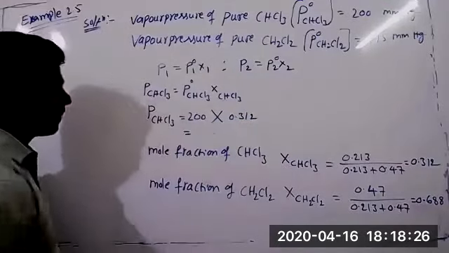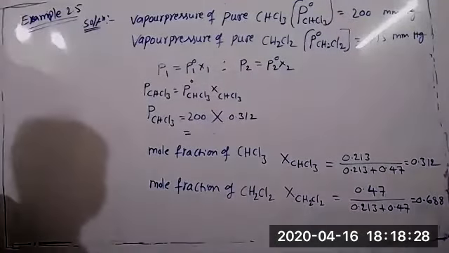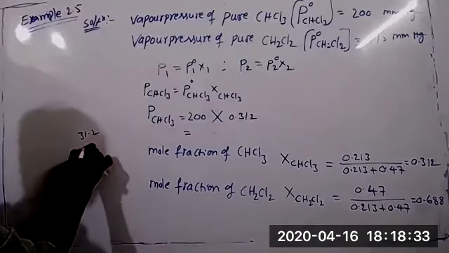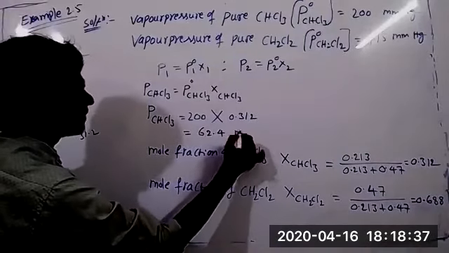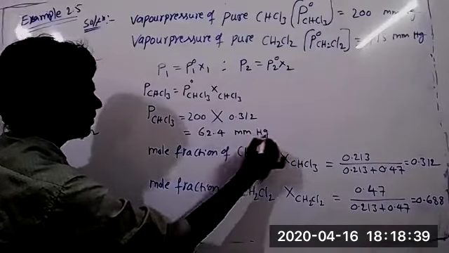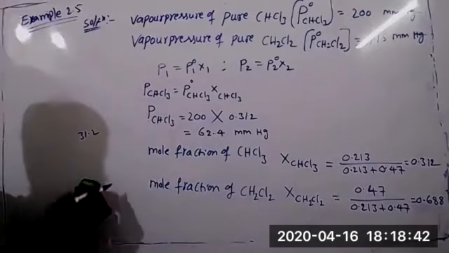Multiply this value. We get 62.4 mm of Hg. This is the partial pressure of chloroform.